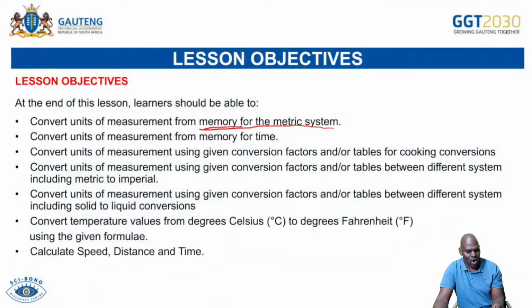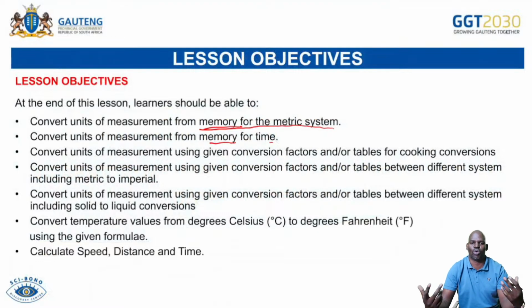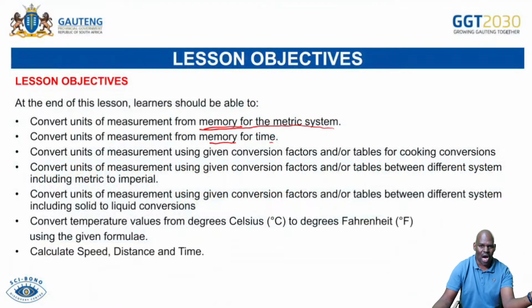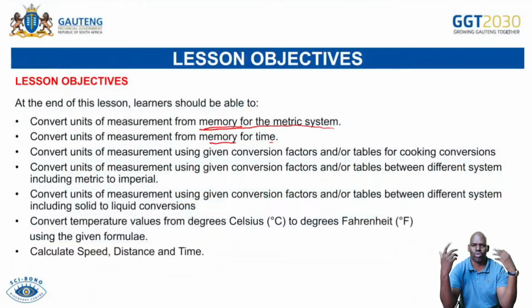And then again, convert units of measurement from memory for time. For instance, if they ask you to convert from hours to minutes, you need to know that we must multiply by 60. To convert from minutes to seconds, we must multiply by 60. One day is equal to 24 hours.